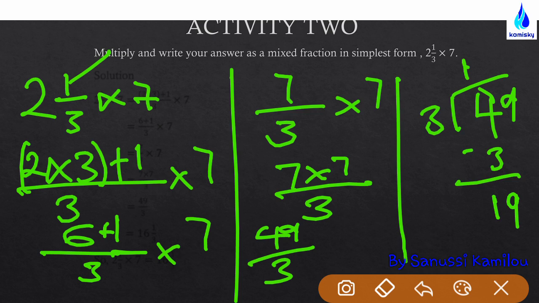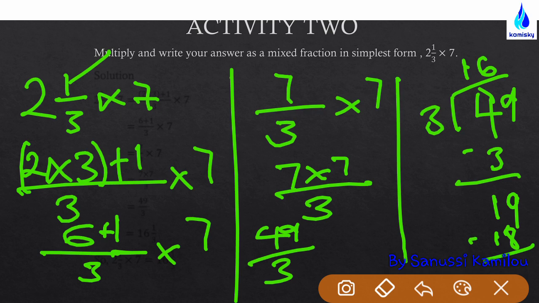What do you have now? 19. So how many times do you think 3 can go into 19? 3, 1, 3; 3, 2, 6. If your answer is 6, that's good. 6 times 3 will give us 18.